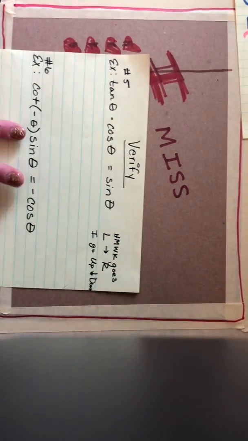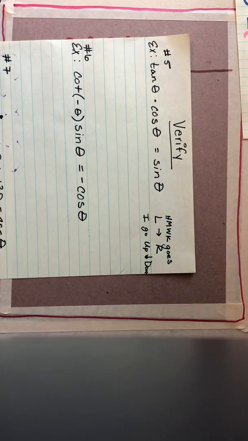Okay, let's go. Let's do something called verifying. This is like number 5 on the homework. Verify means prove, show. So on your homework, you're not just going to write down an answer. You have to write down each step of your work. Okay, calm down. So we're going to verify.